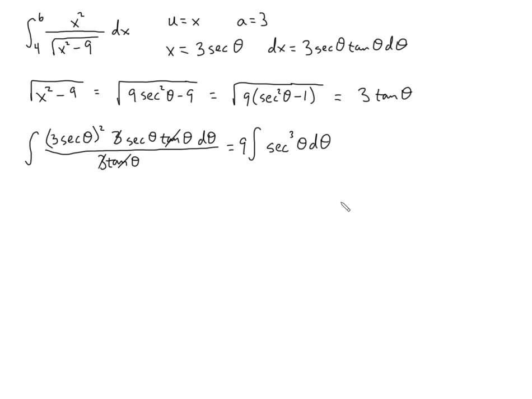So the antiderivative of secant cubed is 1/2 secant theta tangent theta minus 1/2 natural log of secant theta plus tangent theta.